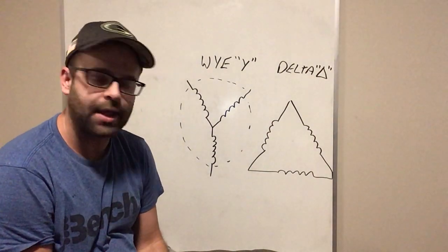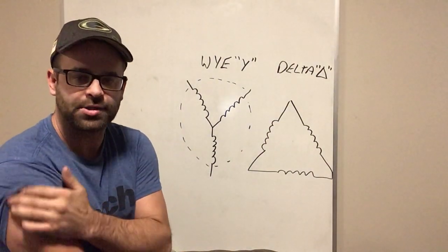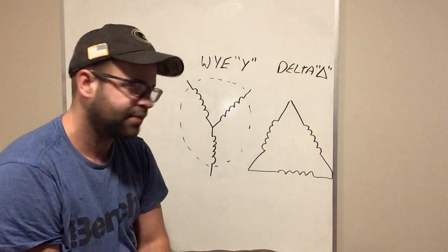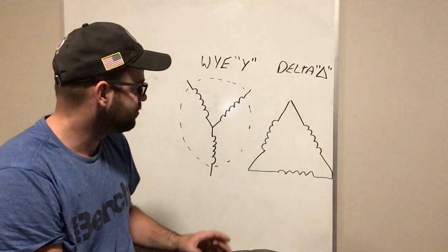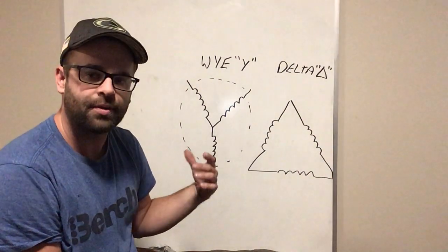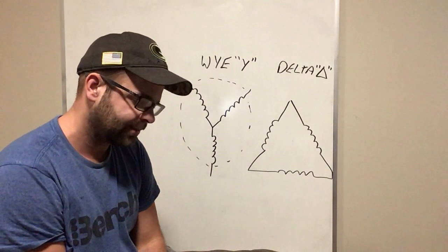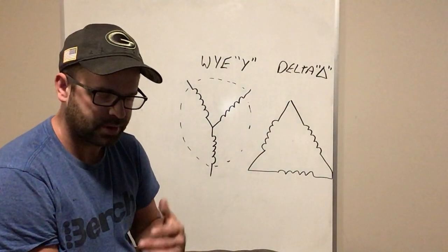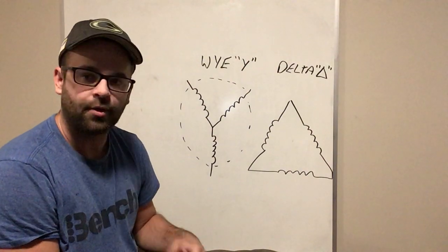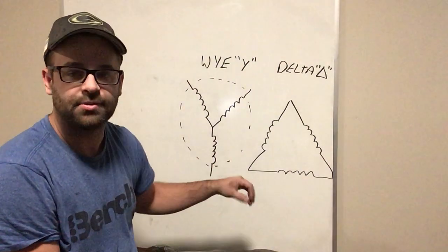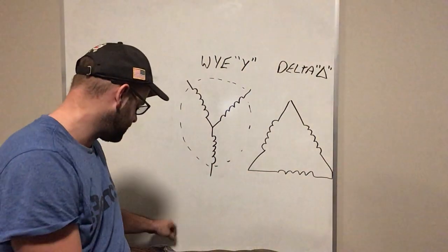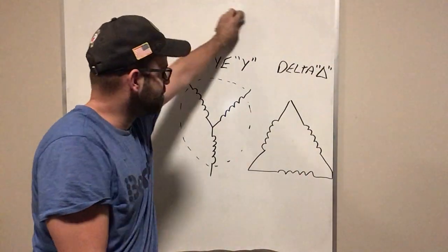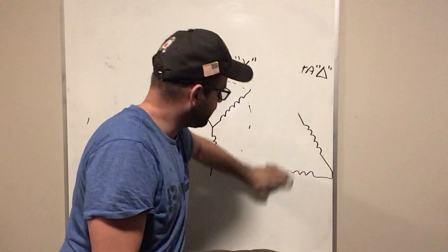When we're going through and analyzing delta and Y configurations, there are a lot of differences between how the math is done. Primarily, how we go from our single-phase values into our three-phase values, and I'll break that down for you with the Y configuration first.